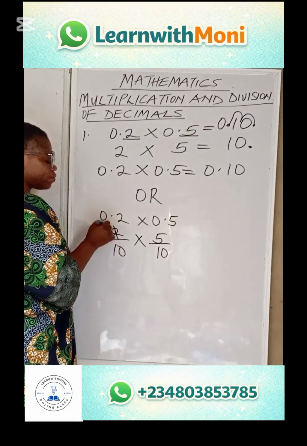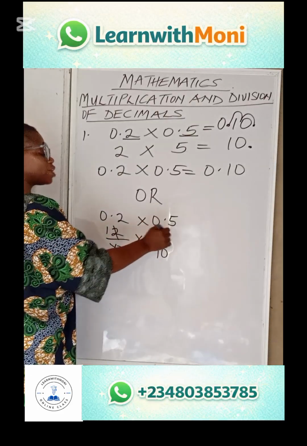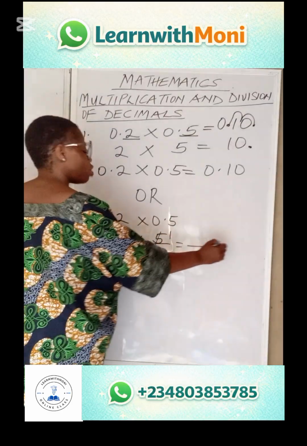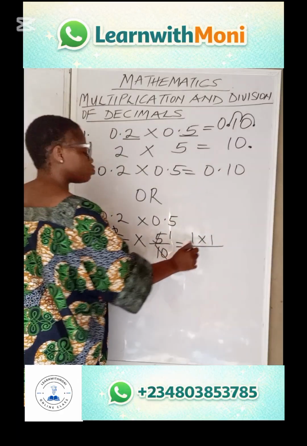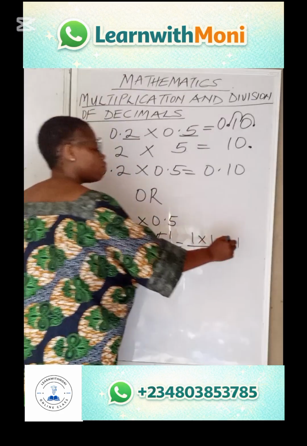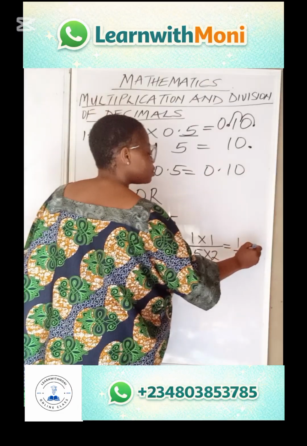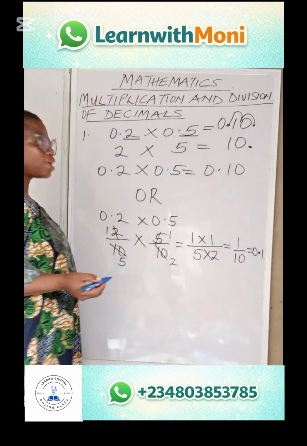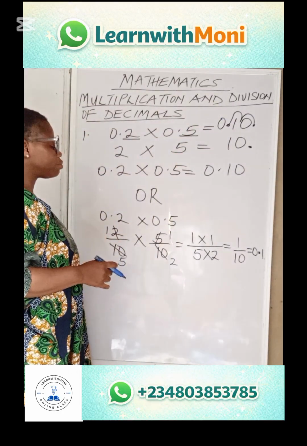First, 2 divides 2 once, 2 divides 10 5 times, 5 divides 5 once, 5 divides 10 2 times, so that I end up having 1 times 1 as my numerator and 5 times 2 as my denominator. 1 times 1 is 1, 5 times 2 is 10, and 1 over 10, that is 0.1. 0.1 is same as 0.10. That is another way of doing it.